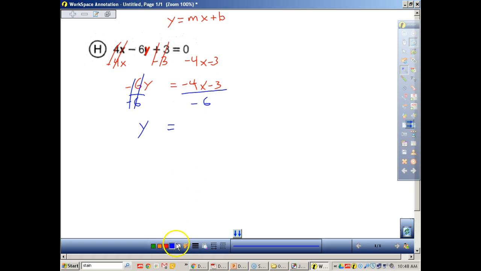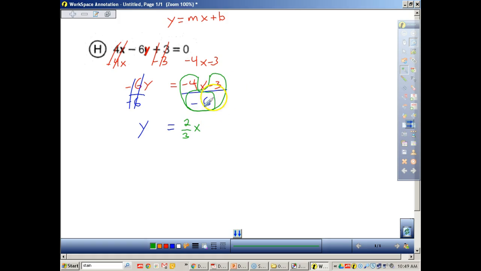Now be careful, what is -4 over -6? Don't say 4 over 6. Positive 2/3. So we have the negatives to figure out to make positive, but the 4 over 6 to reduce to 2 over 3 as well. So we got both. And then be careful, -3 over -6, don't say 2.